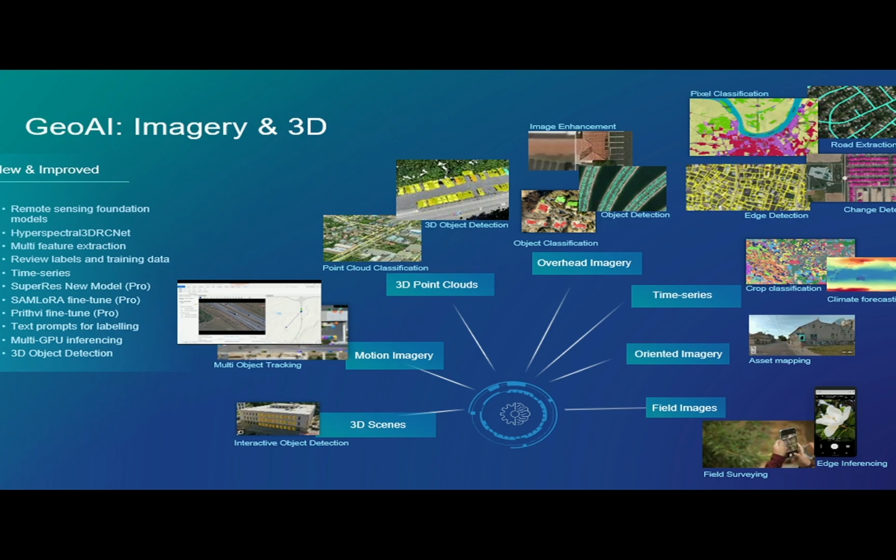And when we talk about oriented imagery, we are talking about images captured by drones or car-mounted cameras or maybe handheld cameras. Against these data modalities, we put together some examples. For instance, for 3D, we support object classification and object detection. For imagery, we support object detection, pixel classification, object classification, change detection, and so on.